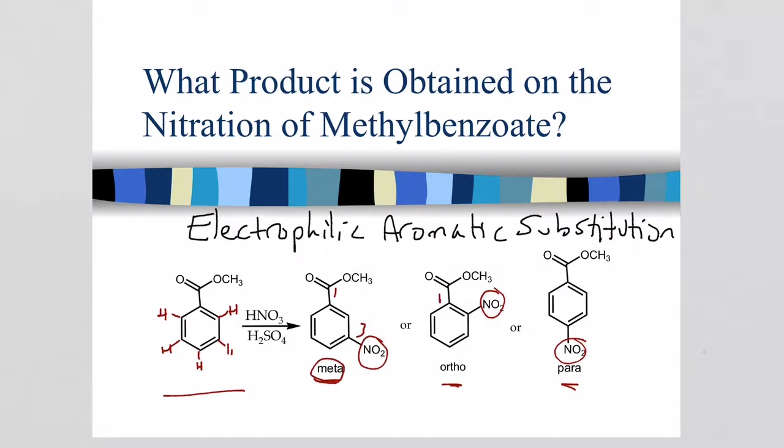When they are in the 1 and 2 position, that's called ortho substitution. And when they are in the 1 and 4 position, that's called para substitution. What we are going to see in this reaction is, although we have 3 possible products, we are only going to actually get one of these constitutional isomers.